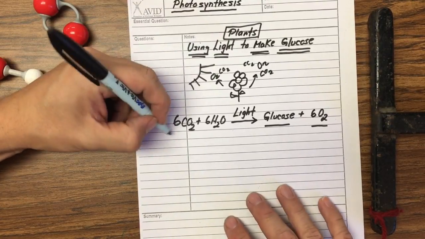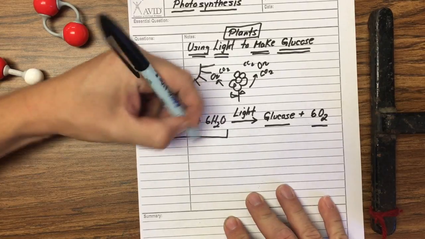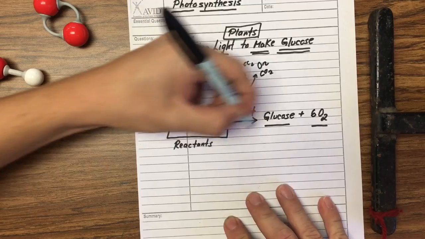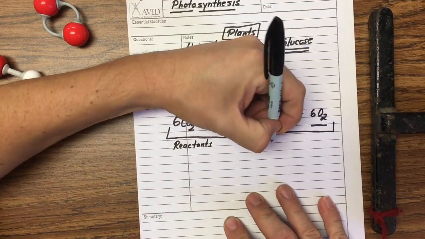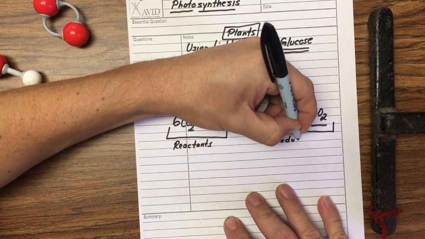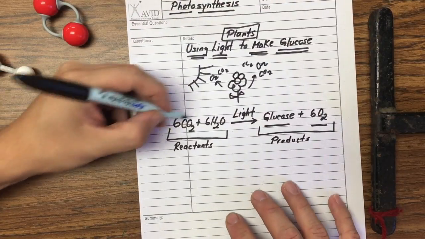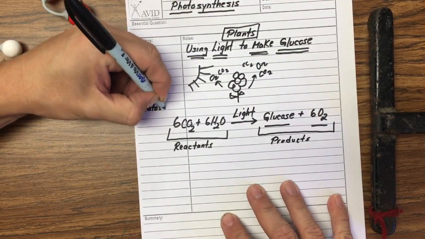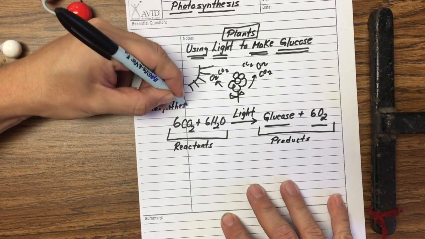All right, now remember, these are called the reactants. These are called the products. And this whole process is called photosynthesis.